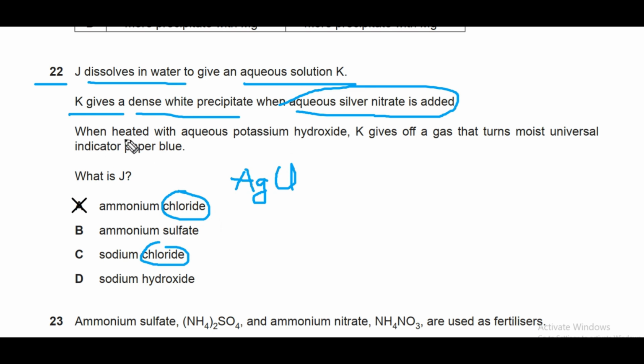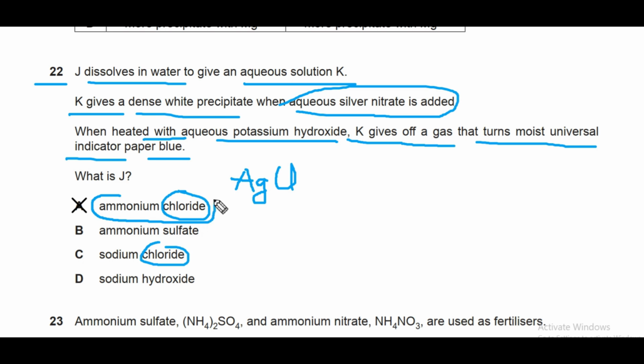Then the second part: when heated with aqueous potassium hydroxide alkali, K gives off a gas that turns moist universal indicator paper blue. So for an ammonium compound, if you add potassium hydroxide alkali, ammonia gas, an alkaline gas, will be produced.